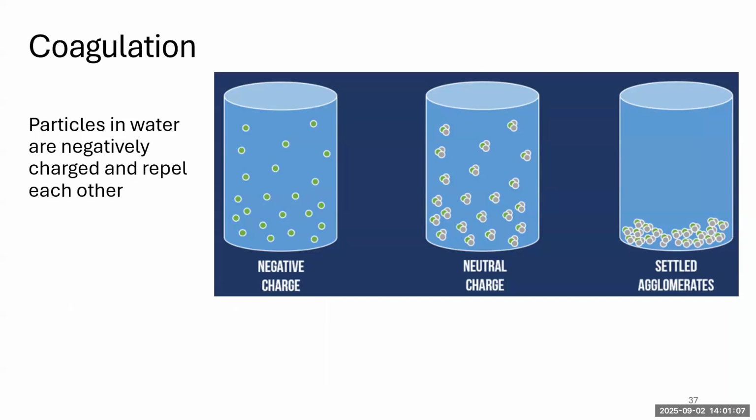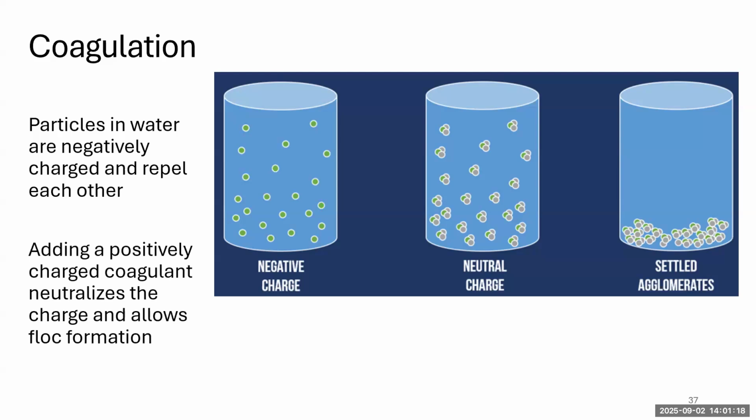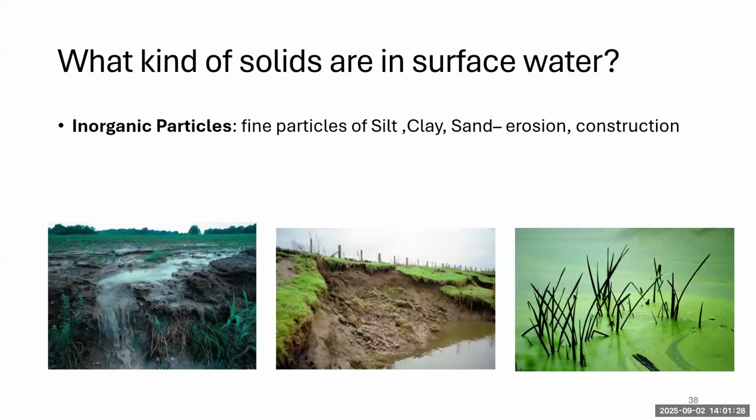Then they can begin to clump together. They can attach to the positively charged coagulant chemical and make microfloc, and they can continue to come in contact with each other and grow larger floc so that they can settle. So if you add the positively charged coagulant, you can neutralize the charge.